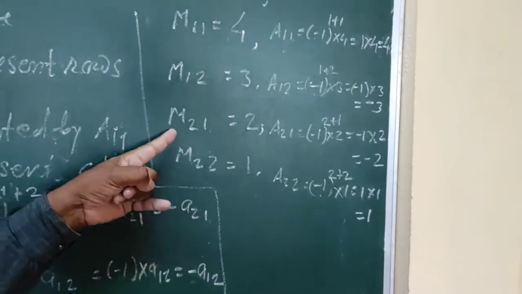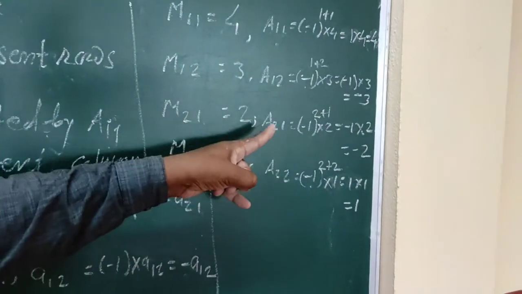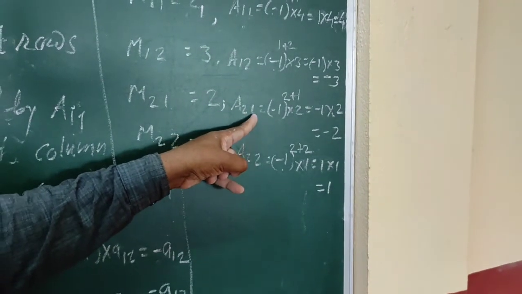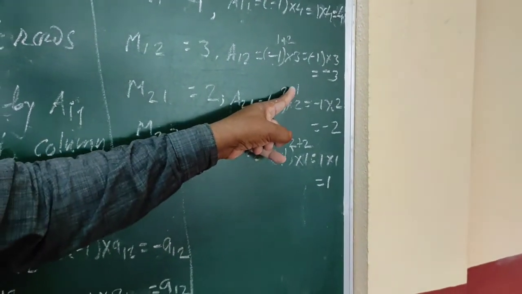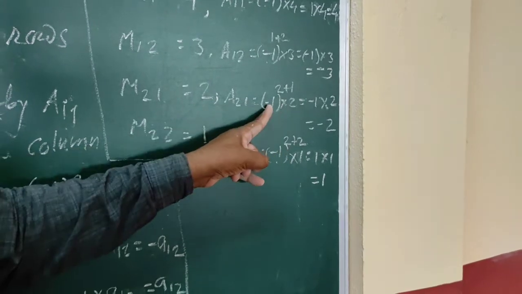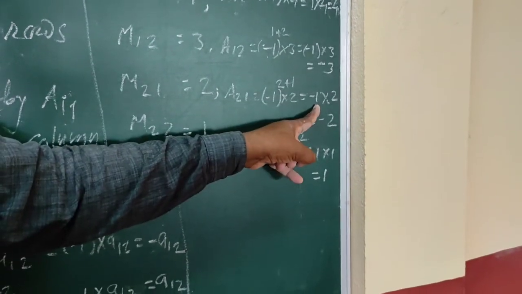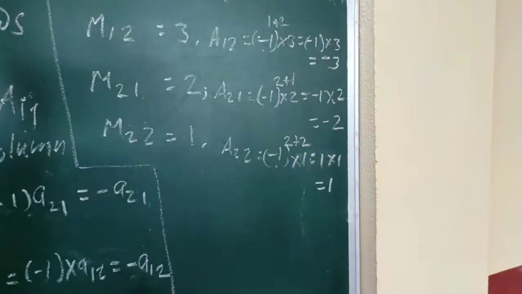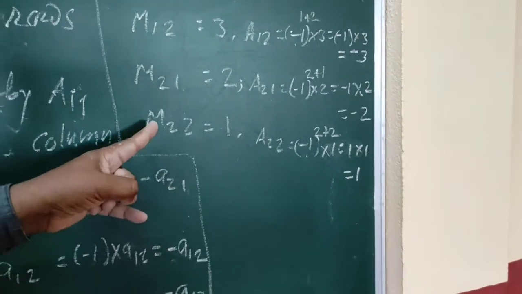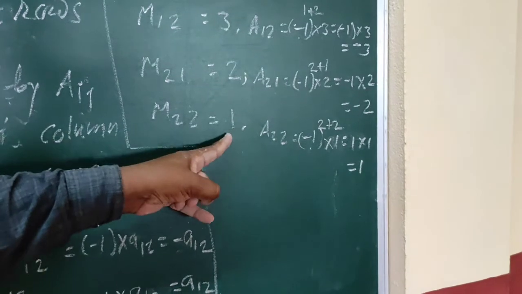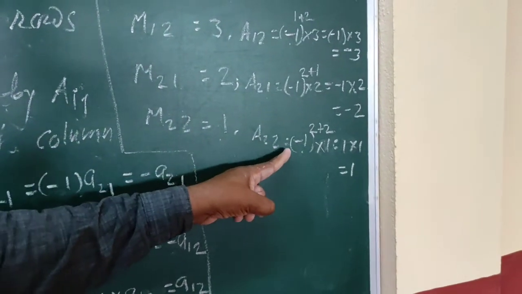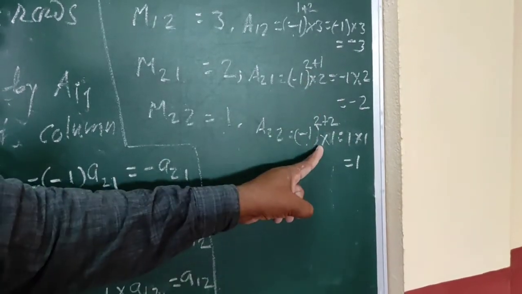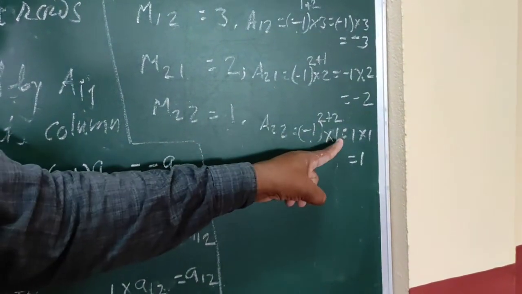Then M21 has the cofactor A21, and here i is equal to 2, j is equal to 1. Minus 1 raised to the power 2 plus 1, that is 3, is minus 1. Minus 1 into the minor 2 is equal to minus 2. And the last one, the minor is 1, therefore A22 is equal to minus 1 raised to the power 2 plus 2 into the minor 1.